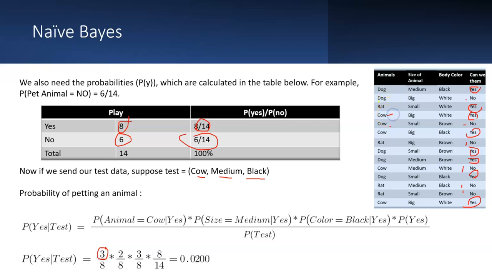This is the first cow. This one is not yes, this is the no cow. So this is the yes cow, and there's a third cow. Let me check where. Yes, so 3 cows are there. So among all the yes we have 3 by 8.